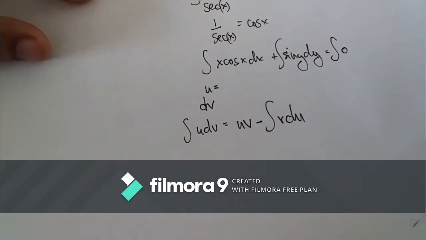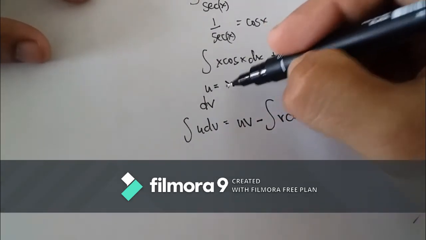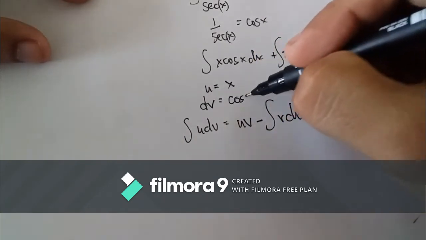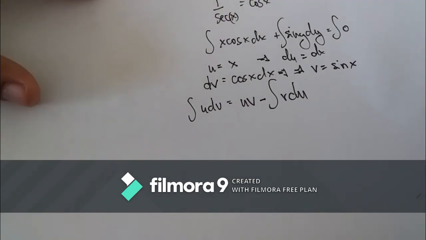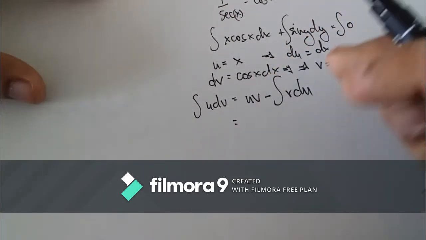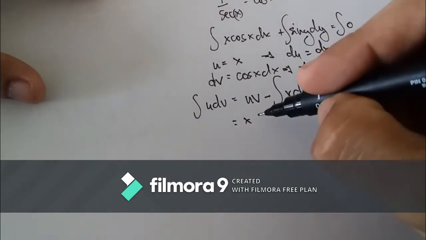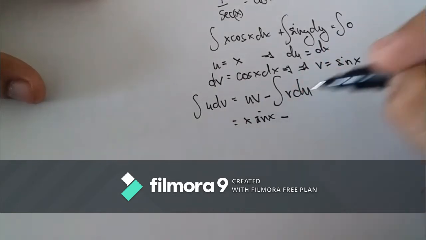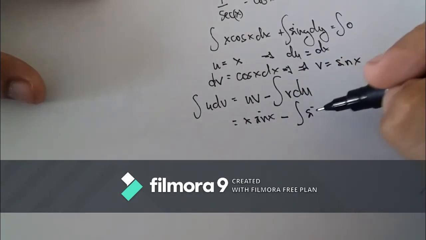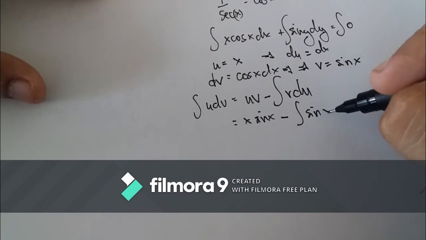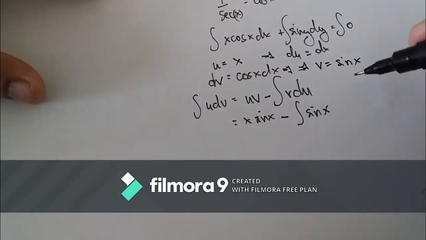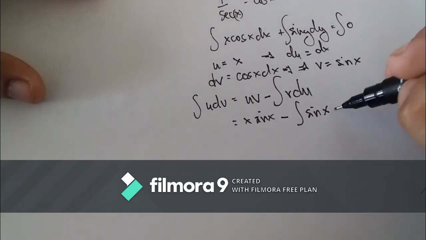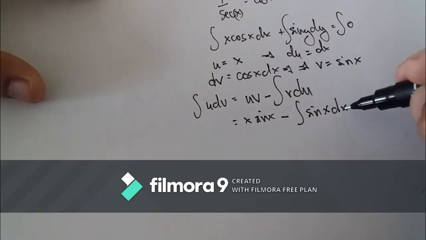So this time we will let u be our x and dv our cosine x dx. Okay, we'll not put c here. So we'll simply substitute. Our u is x, our v is sine x, minus the integral of v du, our du is dx. So we'll put dx here.